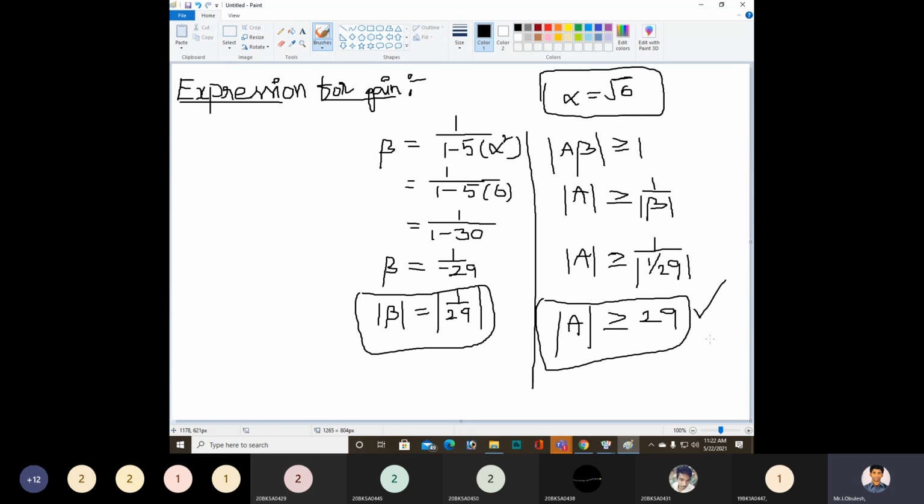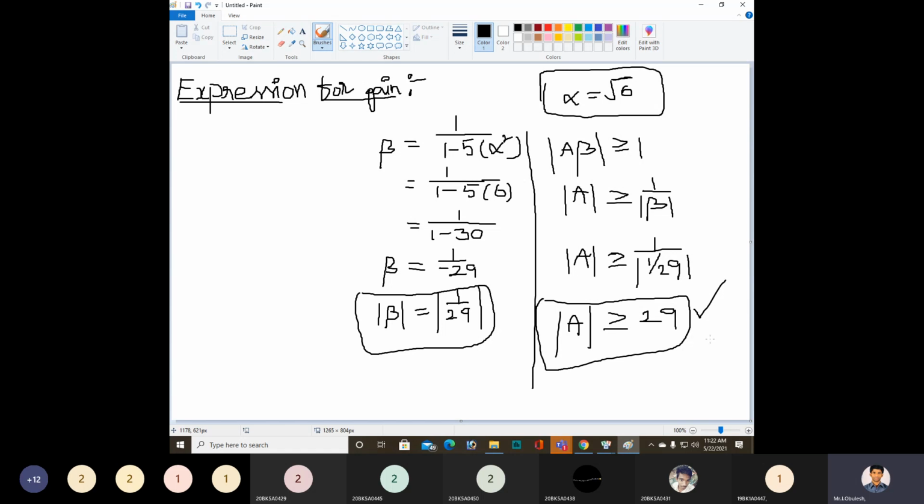Is it clear? So we have an amplifier circuit and a feedback circuit, right? We have two networks in the RC phase shift oscillator. The top one indicates the amplifier, and the bottom one indicates the feedback network. For the feedback network, we calculate the frequency of oscillations: f is equal to 1 by 2 pi RC root 6.